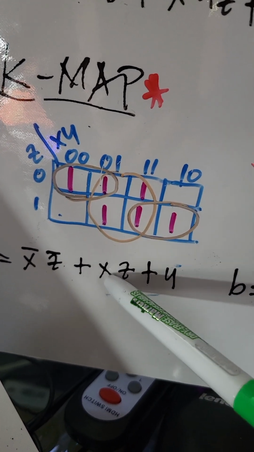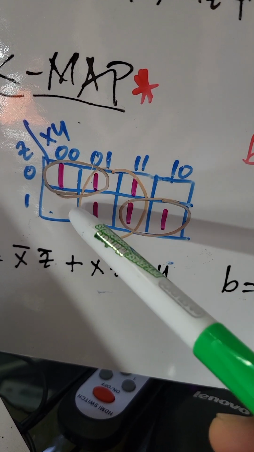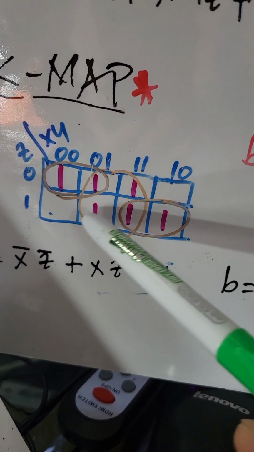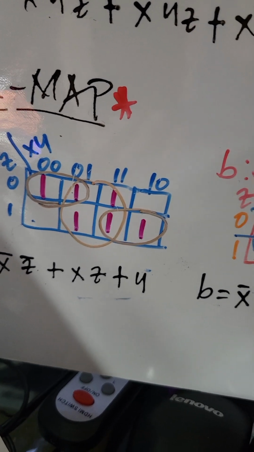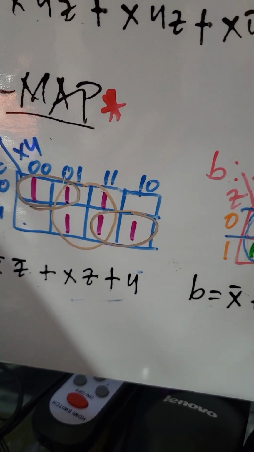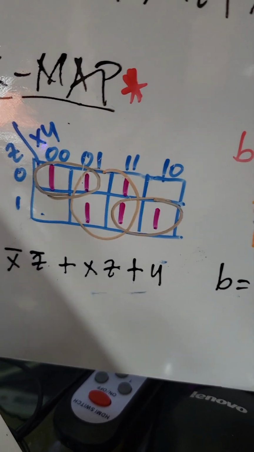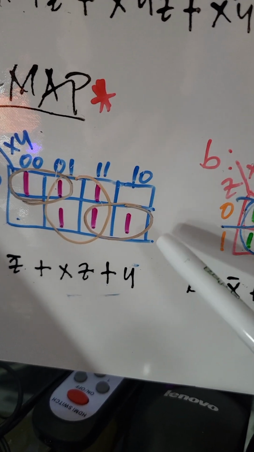so XZ. Then this 4, if more quadrants are involved in the simplification, the fewer the variables.